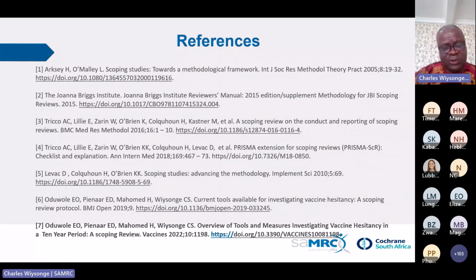And then one of the first groups of authors that tried to advance the methodology of scoping reviews after Arksey and O'Malley were Levac and team, who published this paper in 2010, where they added some specifics on how to advance the methodology.